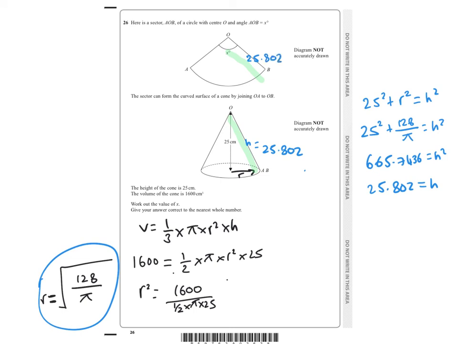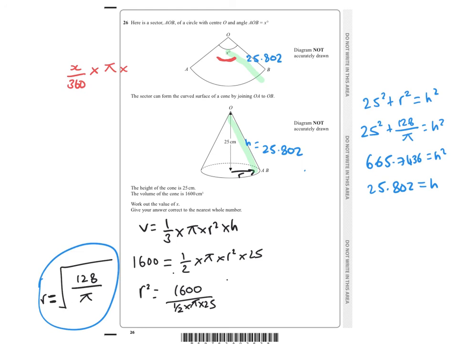Now we know that with sectors, to find x, normally we do x over 360 times pi times, now this would depend, are we finding the area of the sector or are we going to be finding the circumference of the sector?